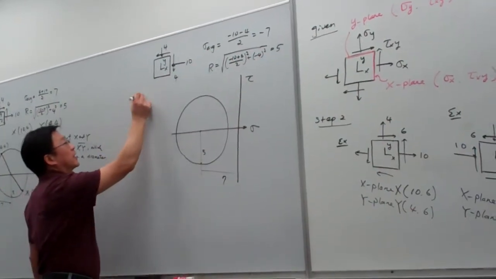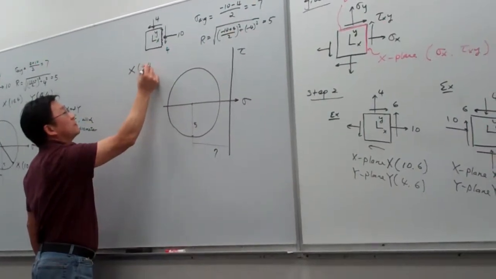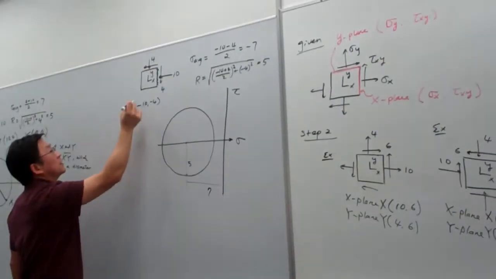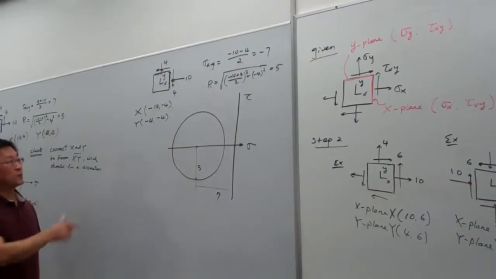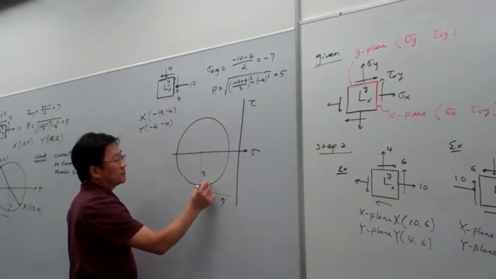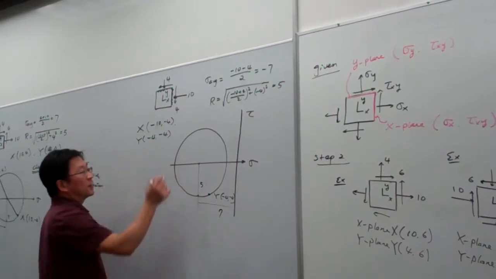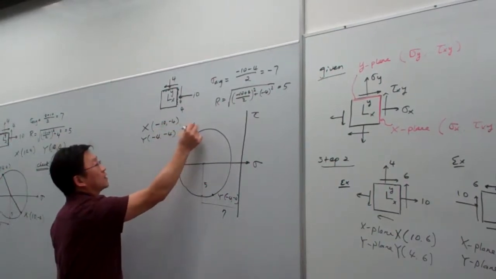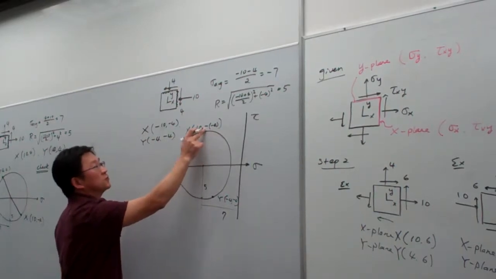Now for this case, the stress on the x plane is minus 10, minus 4, and on the y plane is minus 4 and minus 4. So we label the y first, the minus 4, about here. Then we label x, which is minus 10, and we put a minus to what we obtained, so here should be equal to 4.